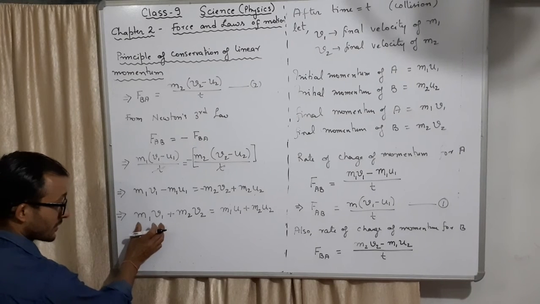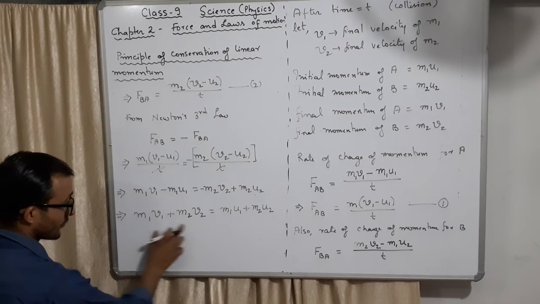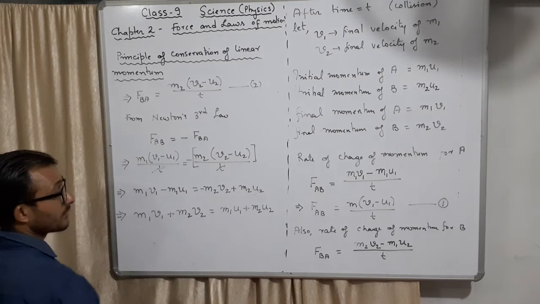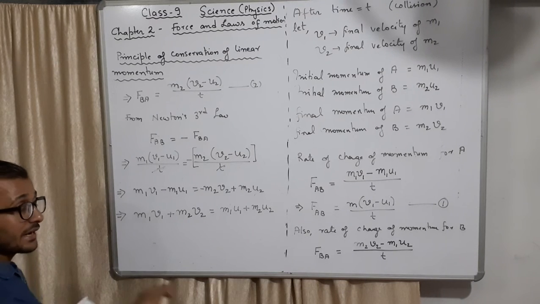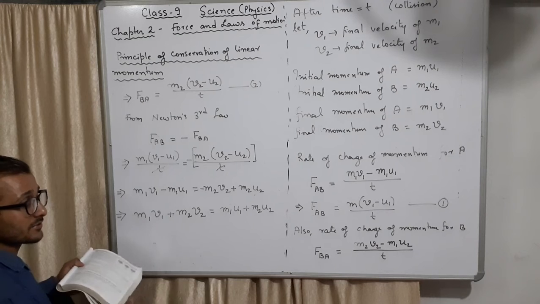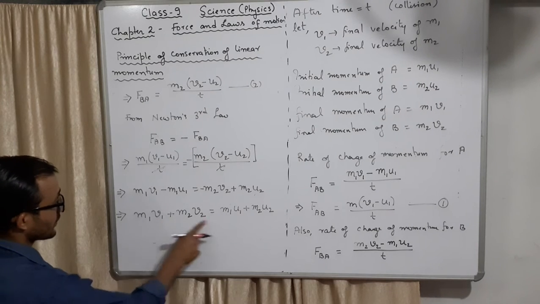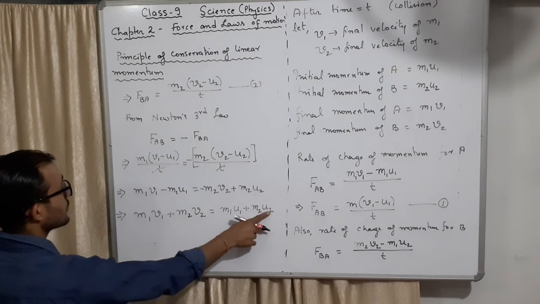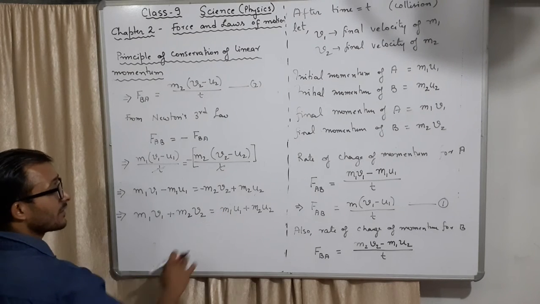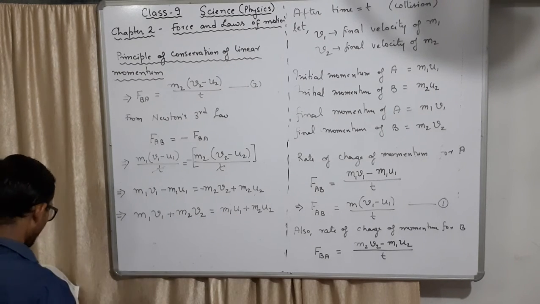The momentum of the first object plus the momentum of the second object before the collision, and after the collision, are exactly the same. That means they interchange, changing the velocity a little among themselves: U1 becomes V1, U2 becomes V2. But the total MV, if you add them all, still remains the same.